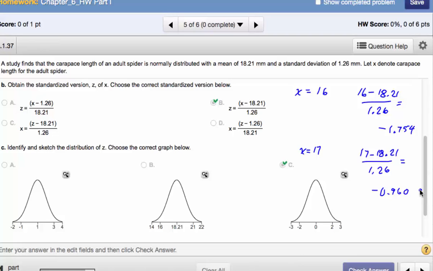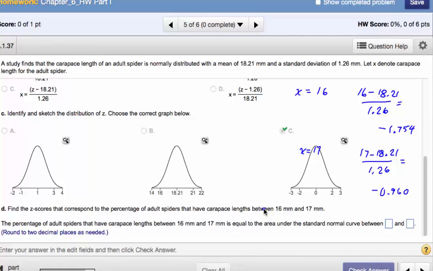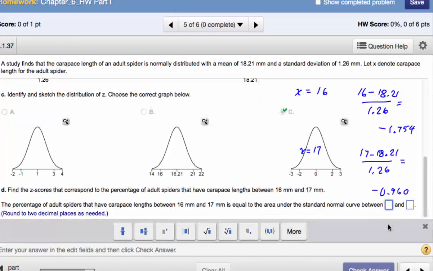So about 1 standard deviation below the mean. So spiders that have carapace lengths between 16 and 17 transfer to z-scores between negative 1.754 and negative 0.960.